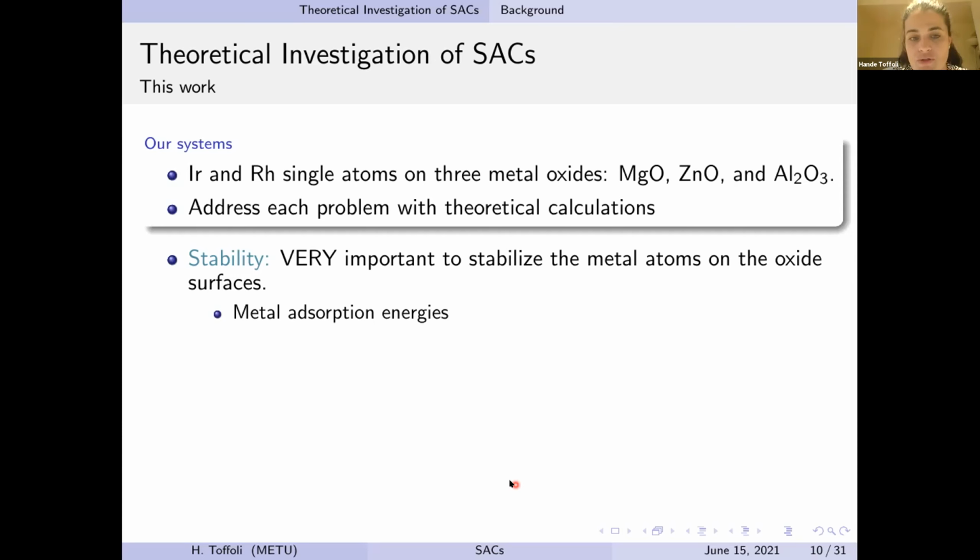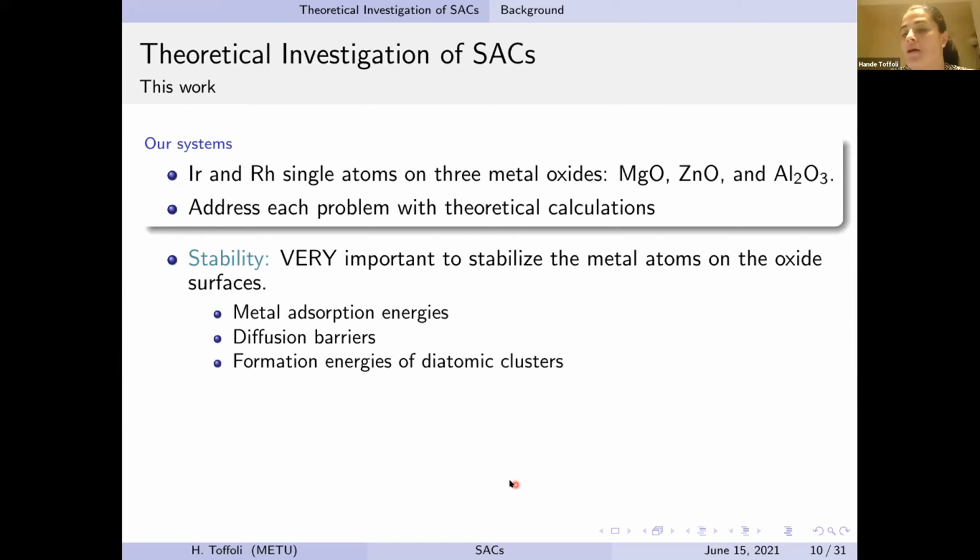So we're looking at large adsorption energies. Also, we are looking at high diffusion barriers. If the metal manages to break free from the surface, it shouldn't diffuse quite so quickly. If it manages to diffuse, also an important parameter is how easy it is for metals to come together and form clusters. So the smallest cluster one can think of, other than the single atom, is the diatomic cluster. So we also look at formation energies of diatomic clusters.